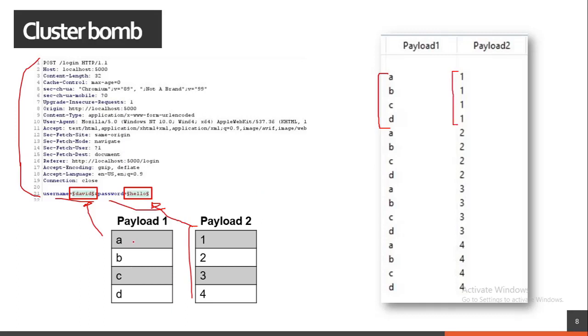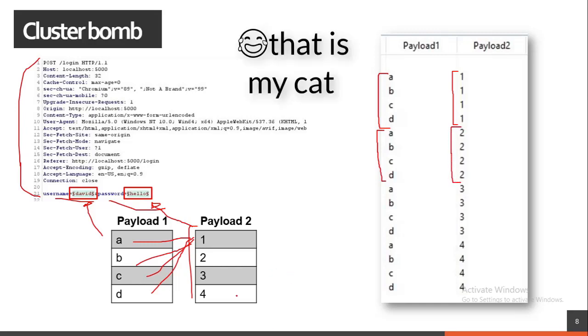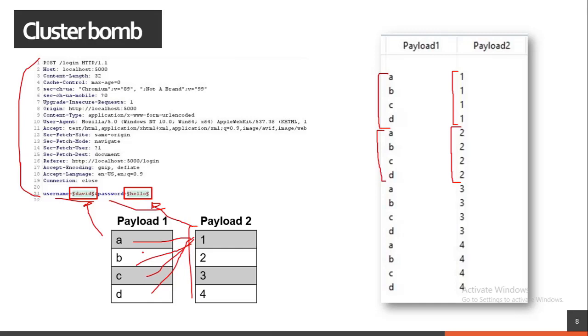So we have A with 1, B with 1, C with 1, and D with 1. And it will do the same for A, B, C, D against the second value in the second payload, and keep doing the exact same with the other values.